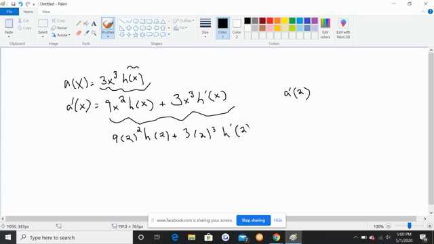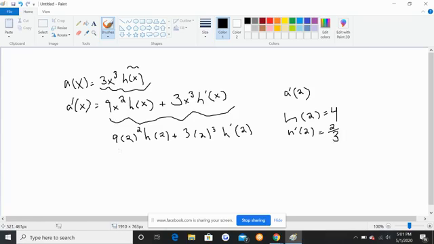Right, and we have all of the tools we need to get a number out of here. Because we know from the question that h of 2 is equal to g of 2, but that's not important because they're both 4. H of 2 is equal to 4. And h prime of 2 we figured out in the last question. Sorry, it looks like an N, but it's an H. H prime of 2 is going to be equal to 2/3.